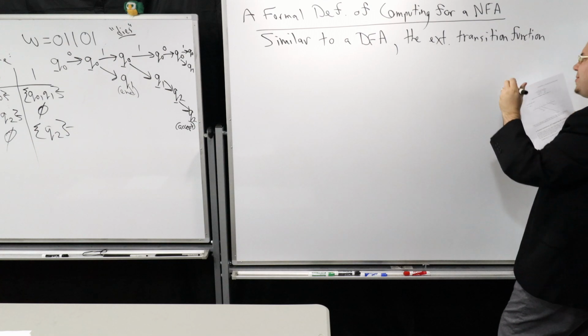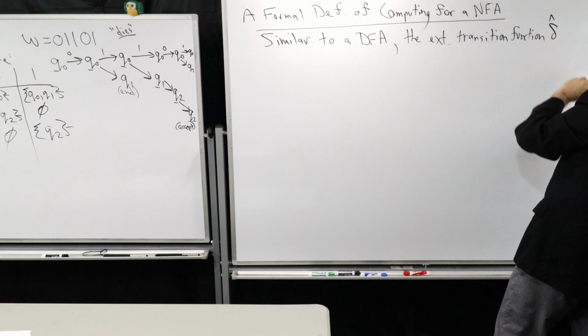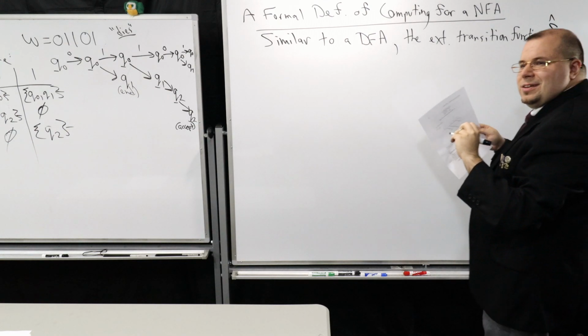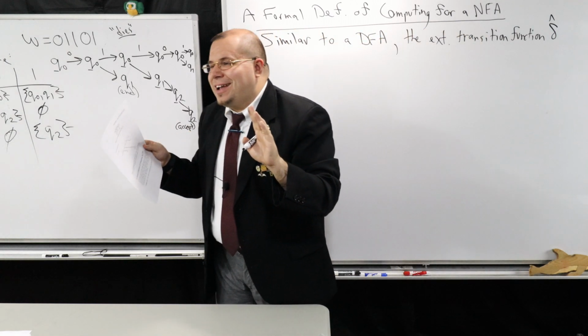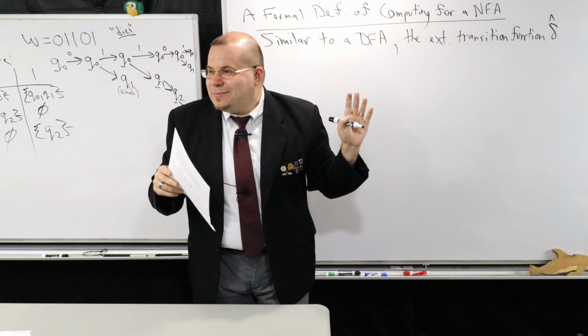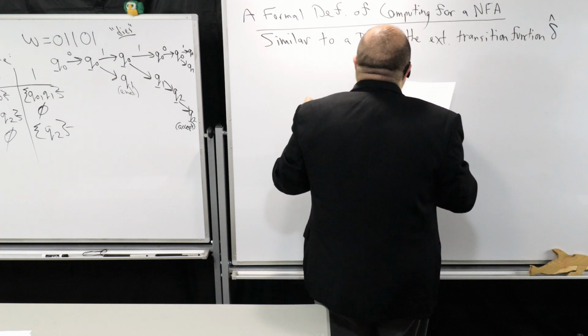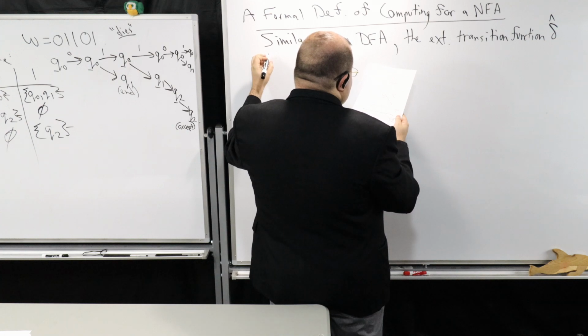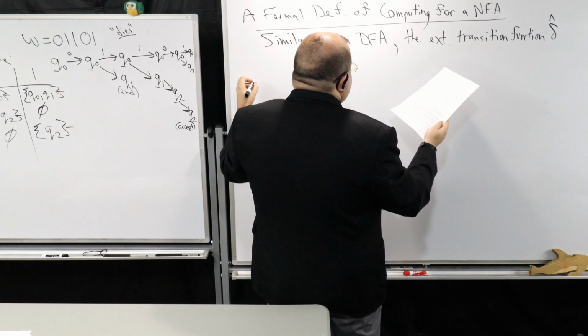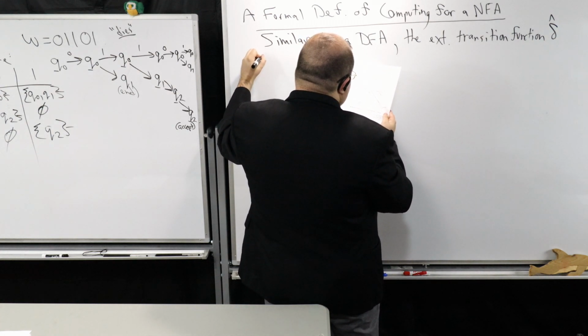Just want to make sure. Can everybody see this delta hat right here? Sometimes I lose ground on what I'm looking at. Okay, I think we can see the delta hat. This delta hat right here.